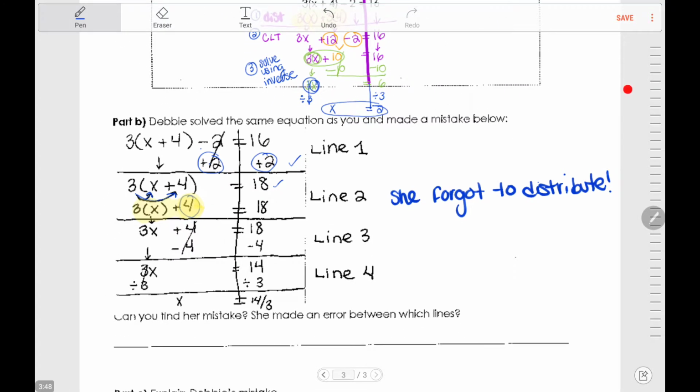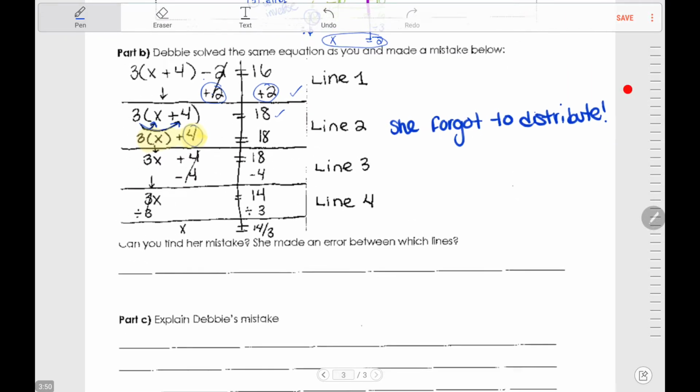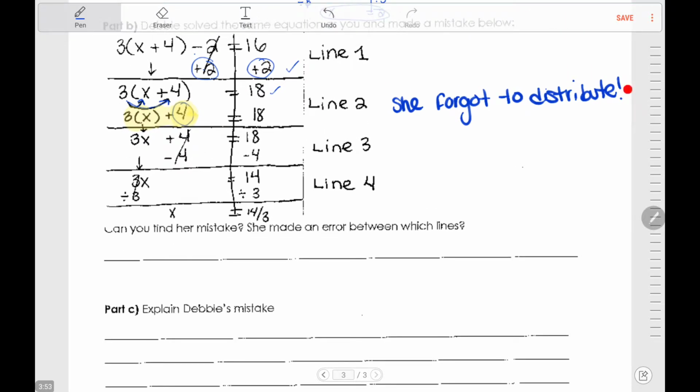It looks like she started to, but then didn't do the whole thing. Okay, so can you find the mistake? Yeah, we found the mistake. She made an error in between line 2 and line 3. So line 2 is her mistake.